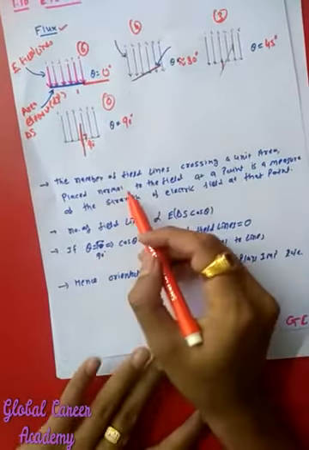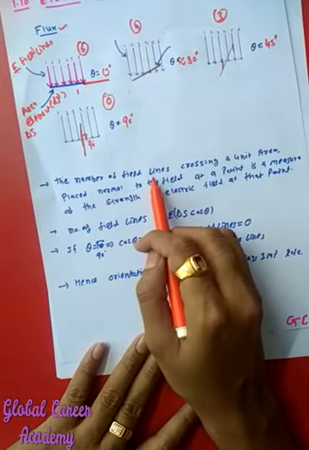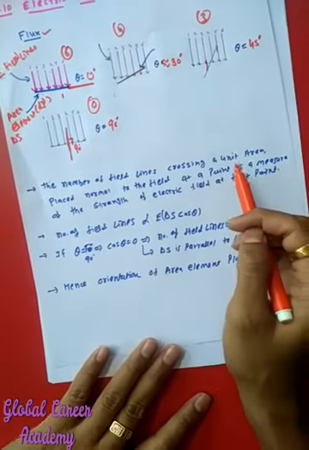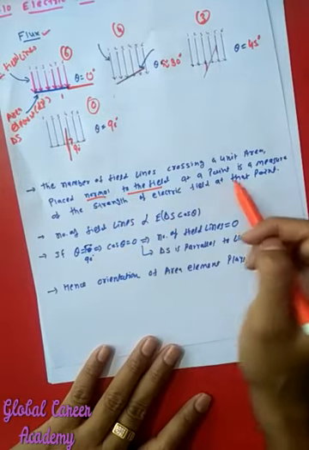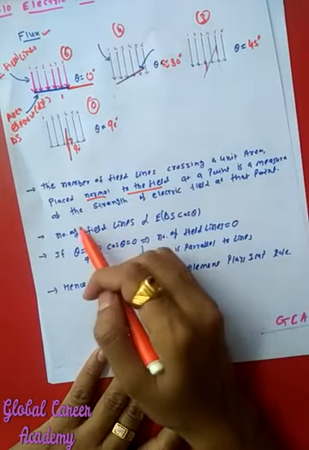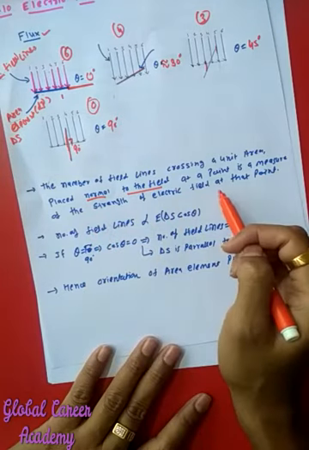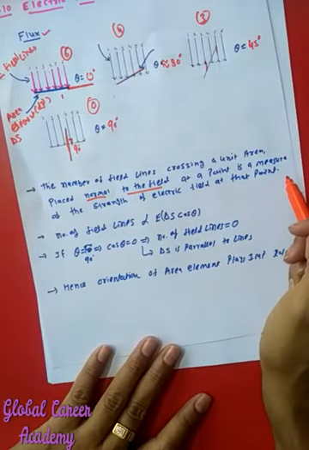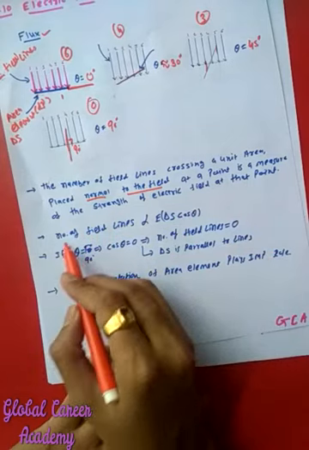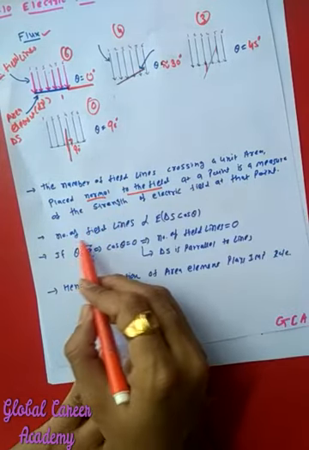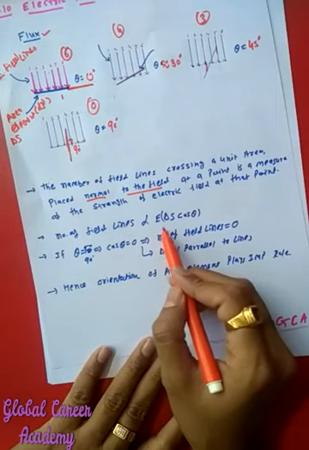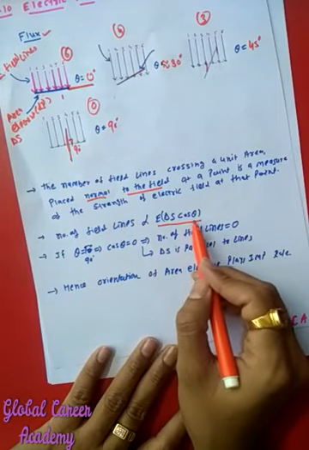The same thing is written over here: the number of lines crossing a unit area placed normal to the field at a point is a measure of the strength of the electric field at that point. Another thing that we have discussed in this figure is that the number of field lines is proportional to E delta S cos theta.